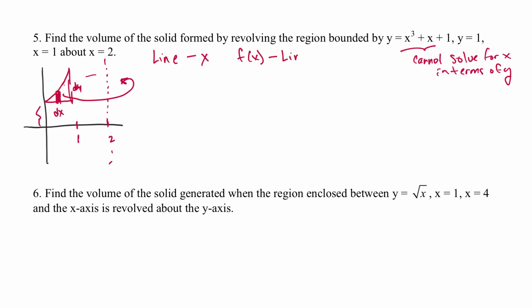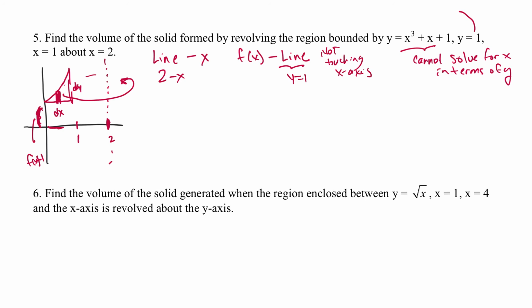So this is f(x) minus 1, and we're talking about this line, y = 1. Because I'm revolving around 2, this one is 2 minus x, and this one is because I've got this space here, and I'm not touching the x-axis, so this is going to be y = 1.